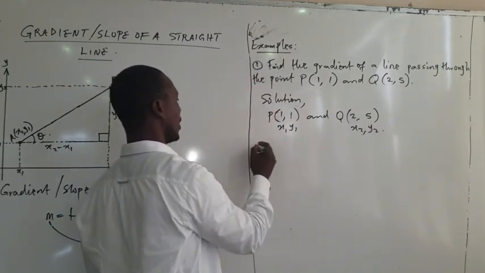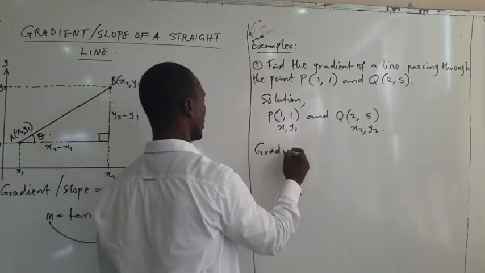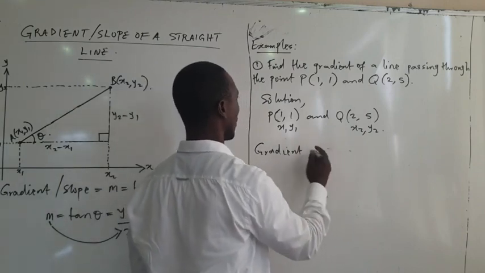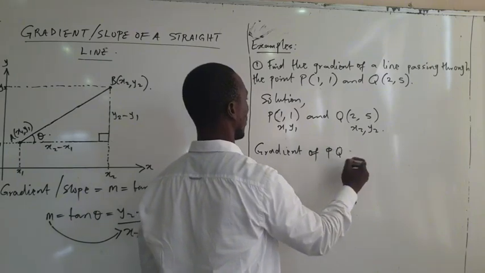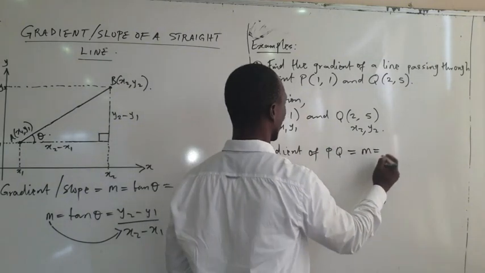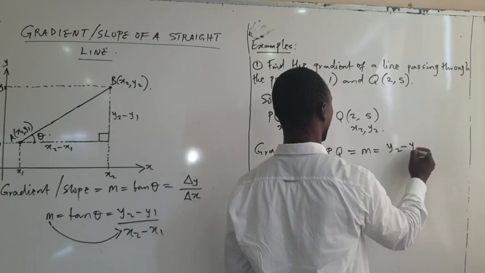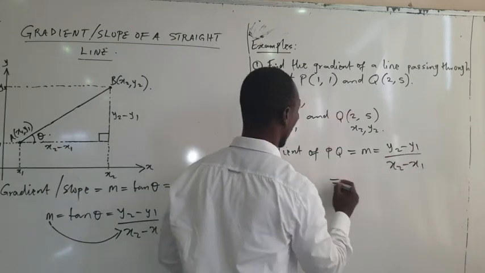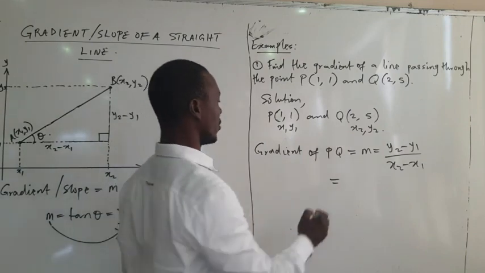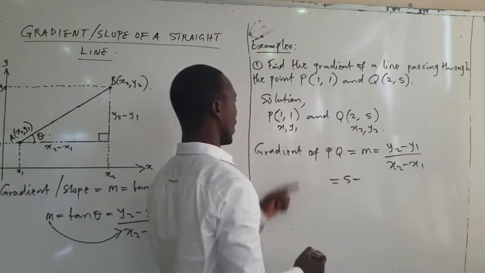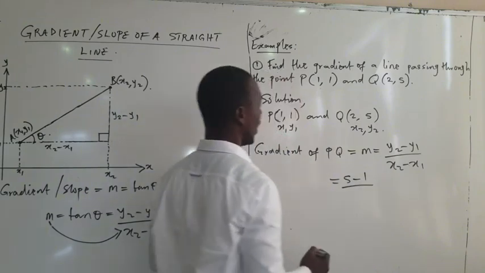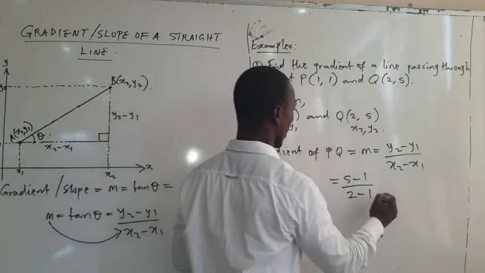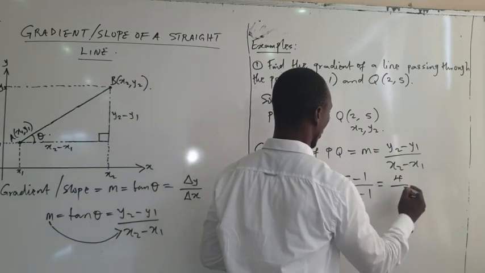The gradient formula is: gradient of PQ, m, equals y2 minus y1 all over x2 minus x1. So y2 is given as 5, so 5 minus y1, which is 1, all over x2, that is 2, minus x1, which is 1. So which is equal to 4 over 1.